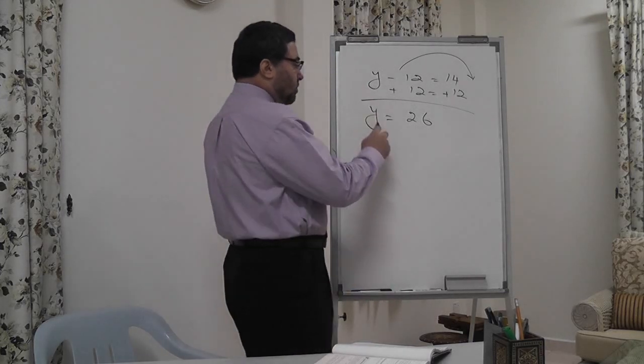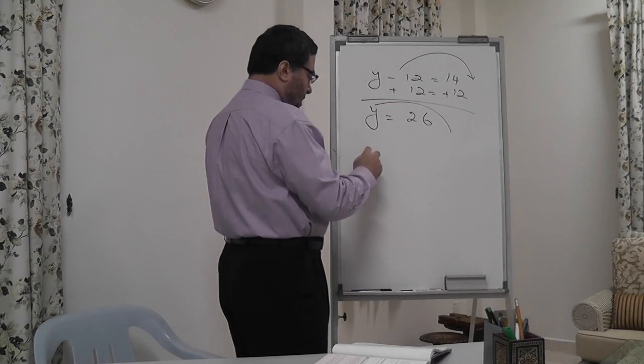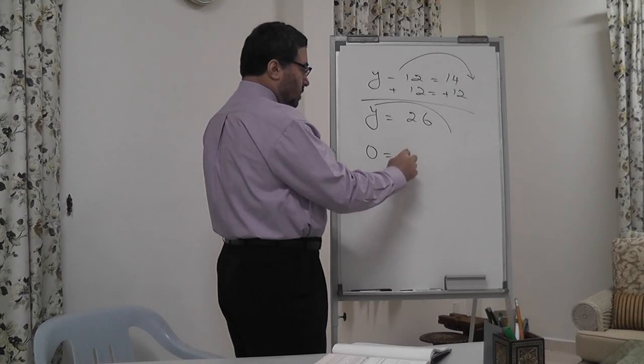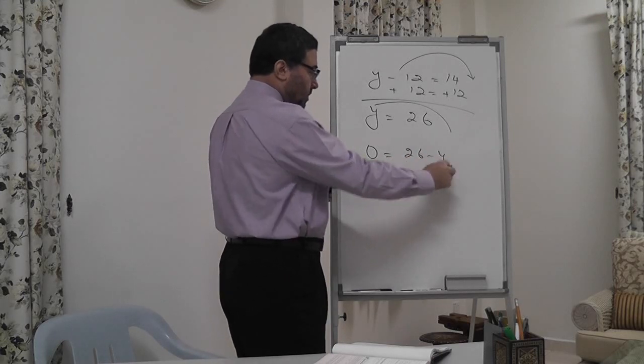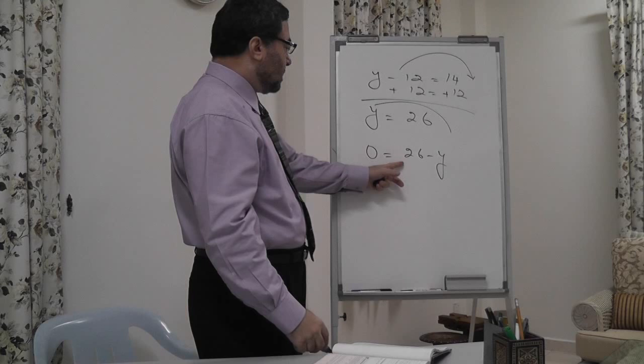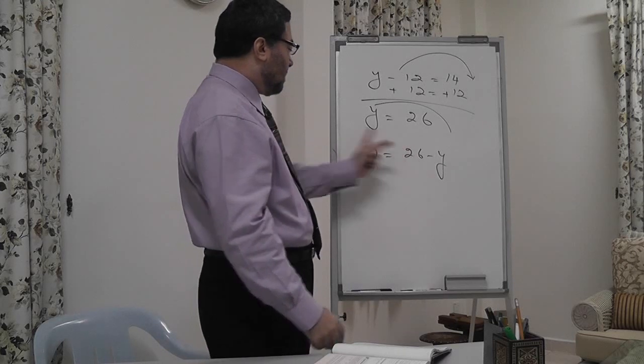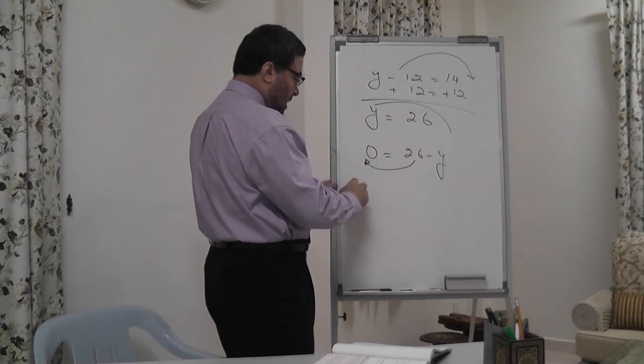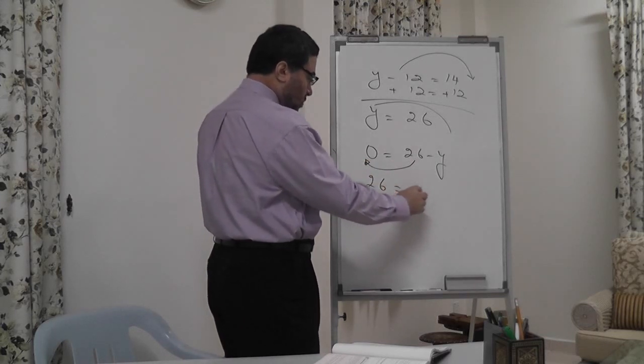If I decide to move y to the other side, then I will have here a 0 because there is no more y, and that will be 26 minus y. This will be the same as this equation. I can take back the 26 here, and my 26 will be minus 26 equals minus y.